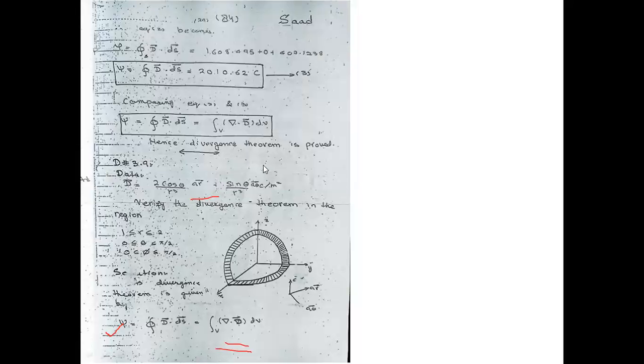Now we switch to the theta surface. So D dot dS theta. Only the theta portion of D will be used, which is sine theta over r cubed. This is the theta portion of D, and this is the differential surface in the direction of theta, which we have already studied in the previous lectures.